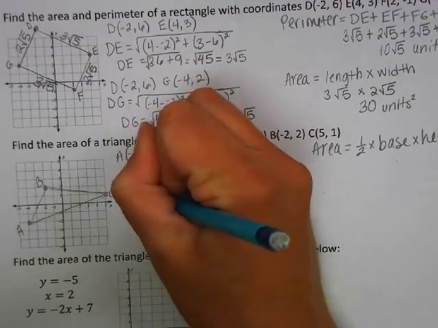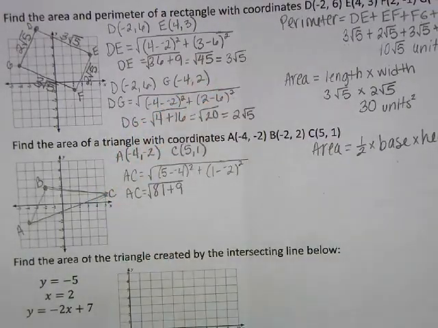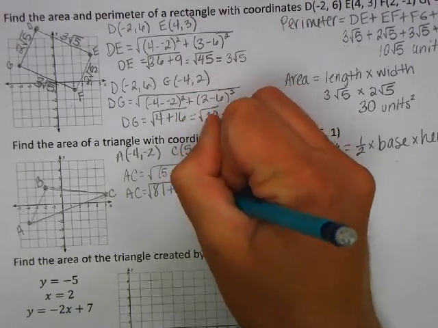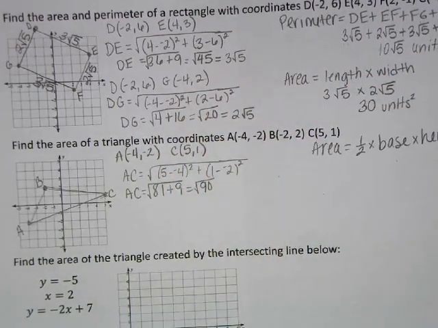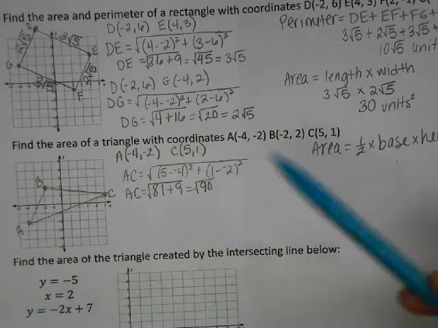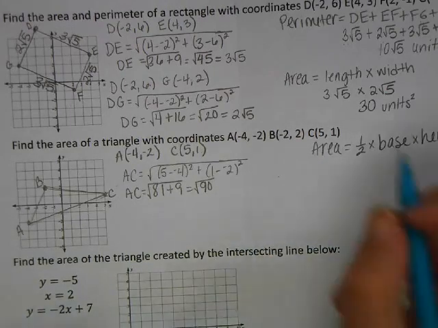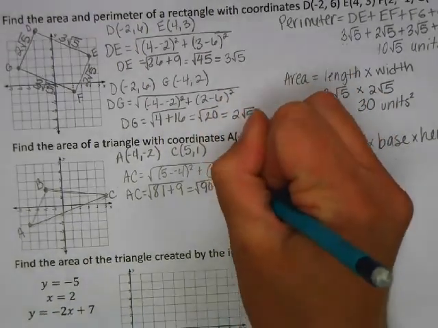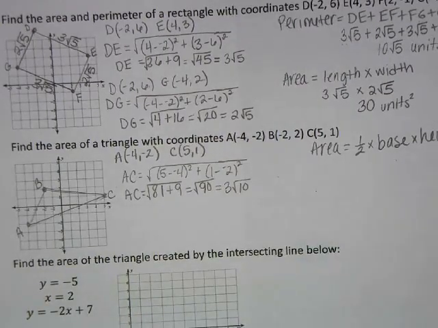So AC is the square root of 81 plus 9, which is the square root of 90. And that can be put into simplest radical form, because 9 can go into 90 10 times. And the square root of 9 is 3. So that's 3 root 10 for your base.